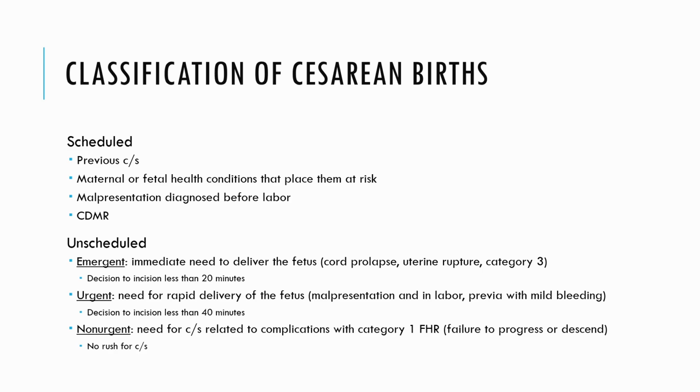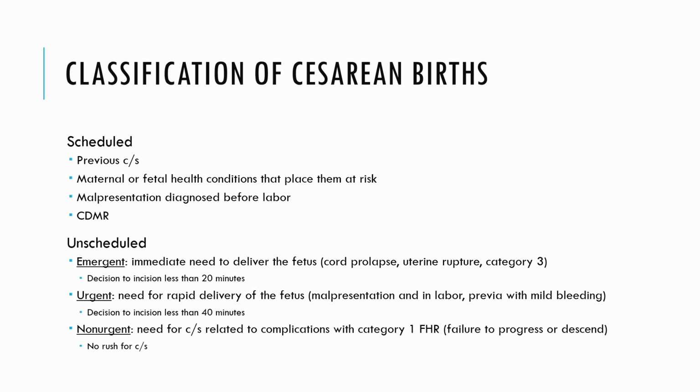C-sections can be classified in 4 different ways. We have scheduled C-sections and unscheduled. Let's look at scheduled. Scheduled means this is pre-booked, we're going to do their C-section before they go into labor. This would be for patients who have a history of a previous C-section or some sort of health condition, either maternal or fetal, that places them at risk during vaginal delivery.